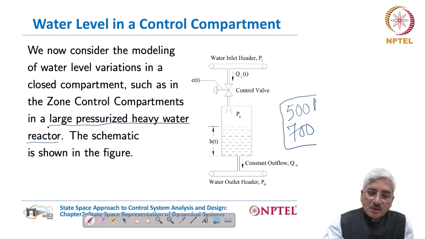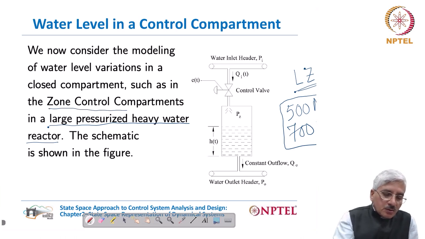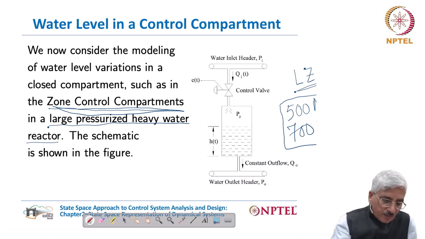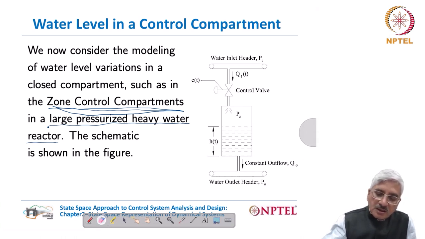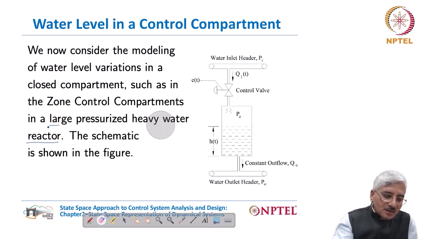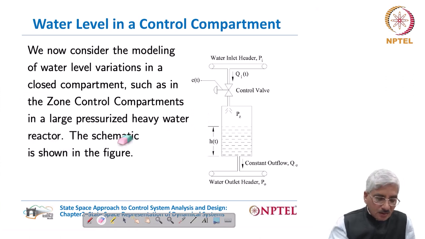These reactors use a system called the liquid zone control system for regulation of power and power distribution in the reactor. And this system consists of zone control compartments. One of the zone control compartments is shown here in this slide, here on the right.